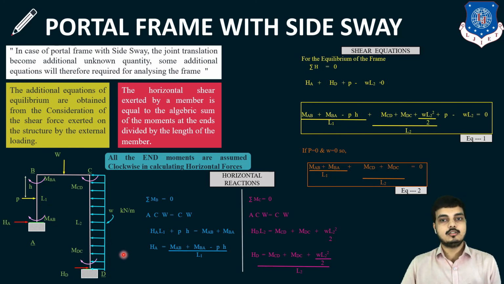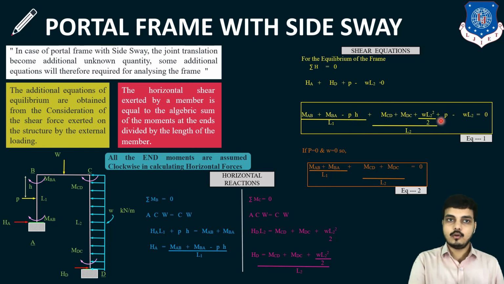Now let's say if this UDL comes over on the AB part and this point load comes over on the CD part. So this entire PH will shift over here and this entire W L2 square will shift over here. Or assume there is only this UDL and not this P, so here the PH will not come and here the P will not come.